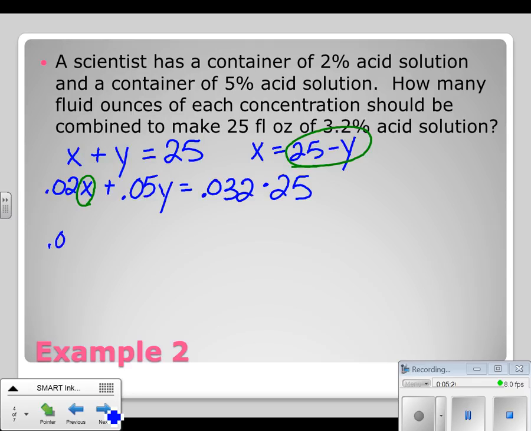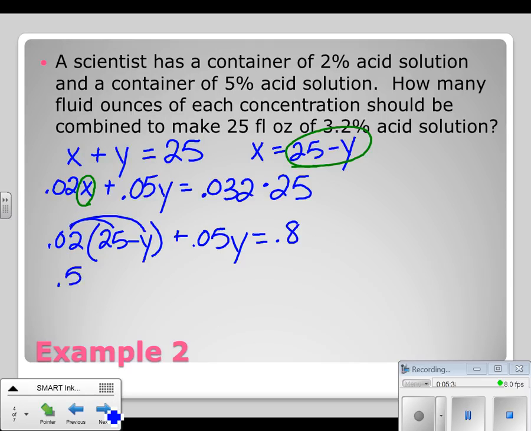So we have 0.02 times 25 minus y plus 0.05y, and that equals 0.032 times 25, which gives you 0.8. We're going to distribute. So then we're left with 0.5 minus 0.02y plus 0.05y equals 0.8.